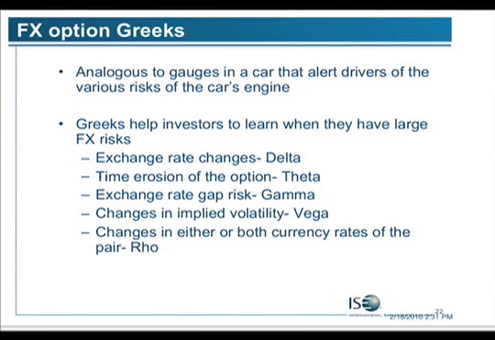Really what the delta is telling you is, if the underlying exchange rate moves a point, how much is my option going to move? The time erosion of your option is what's called theta. So we have delta, and we have theta, and then we have gamma, which, as I mentioned, gives me my change in delta.